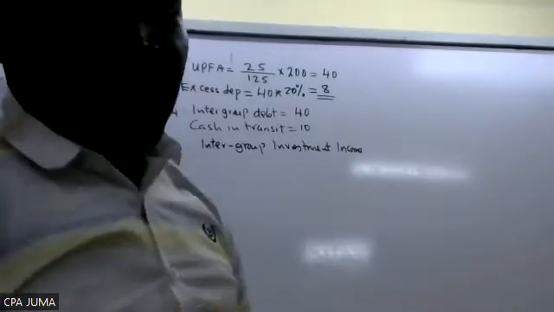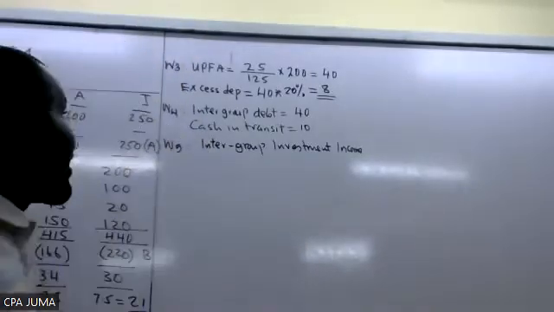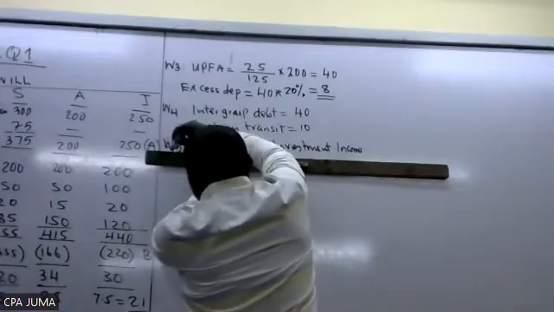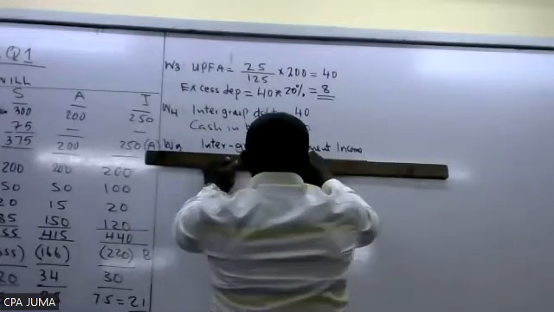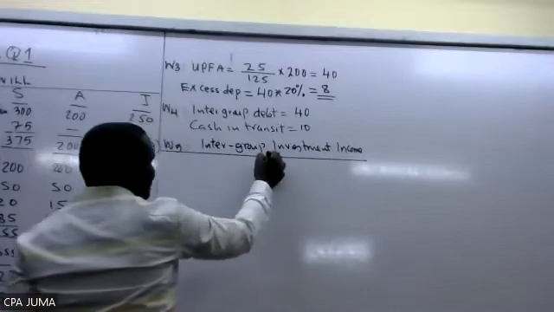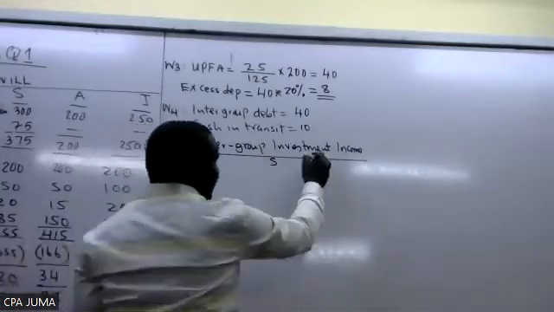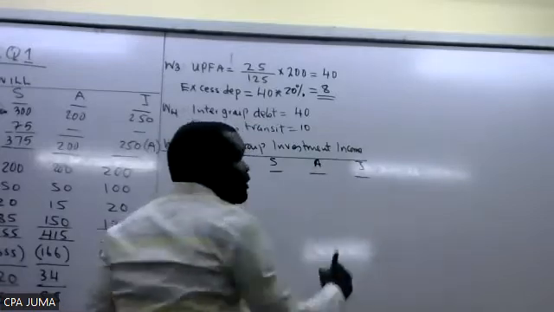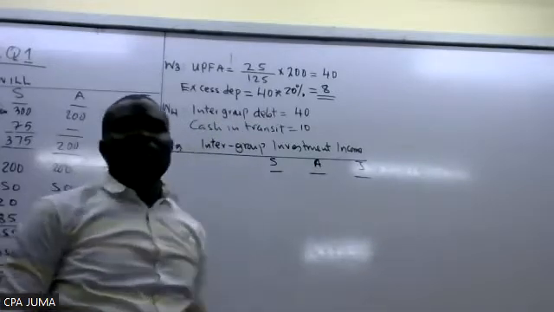When we talk of interest and dividends, those are just investment income. So they are saying these people have already paid dividends and interest. So I need to know how much dividends was paid by S, by A, and by J. They should be eliminated during consolidation.